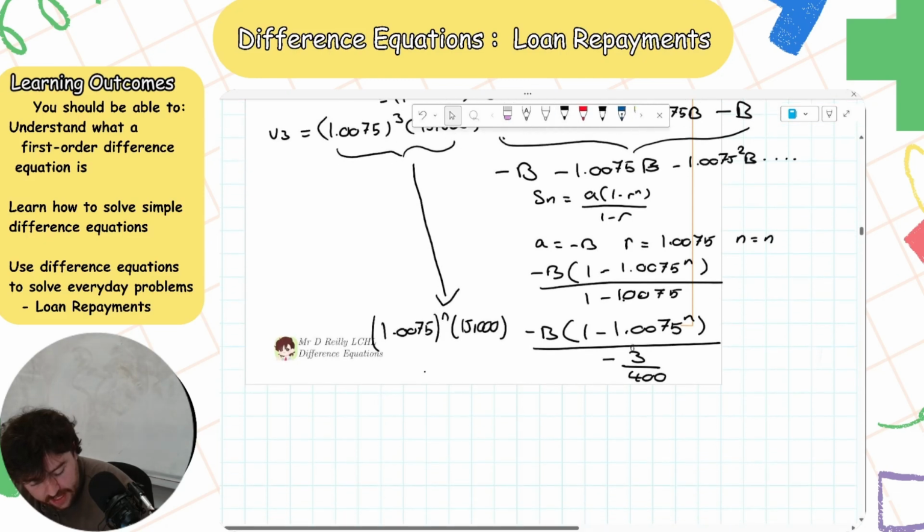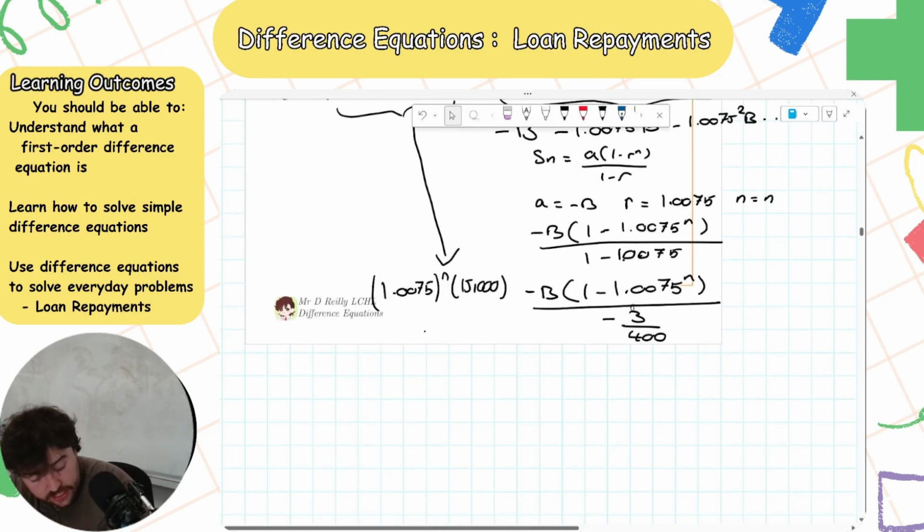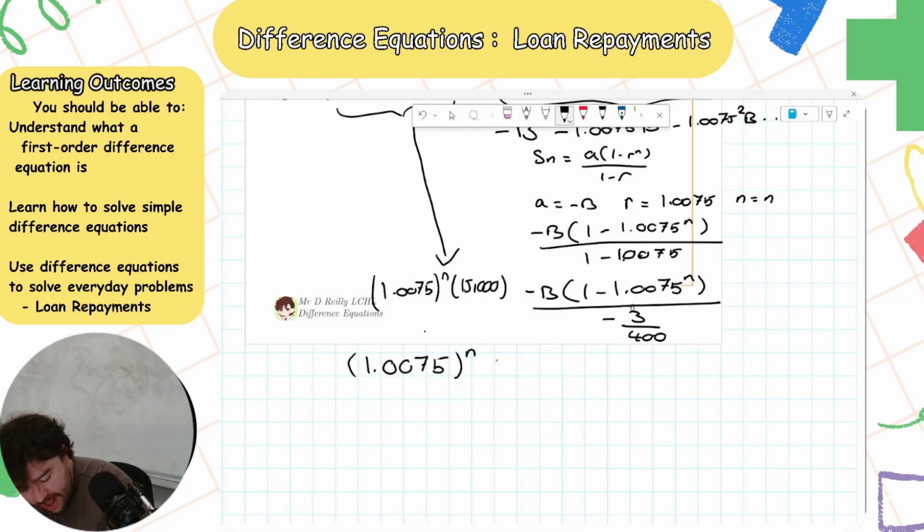Flip and multiply this sum, and the minuses cancel.